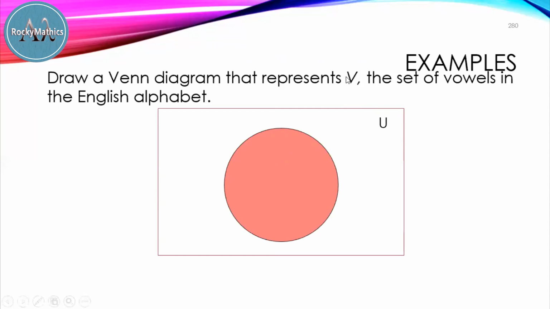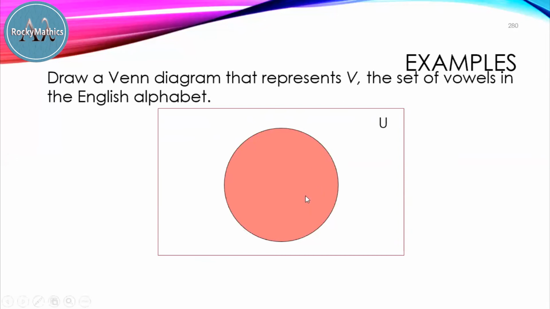By the way, all the letters in the English alphabet are considered the elements in the universal set, while V is just a subset of the universal set. It's the subset of all the English alphabet letters. So what are the elements of V?